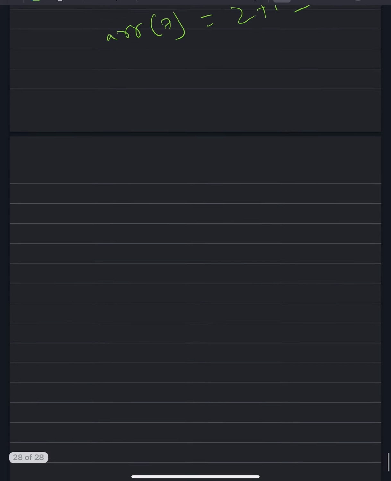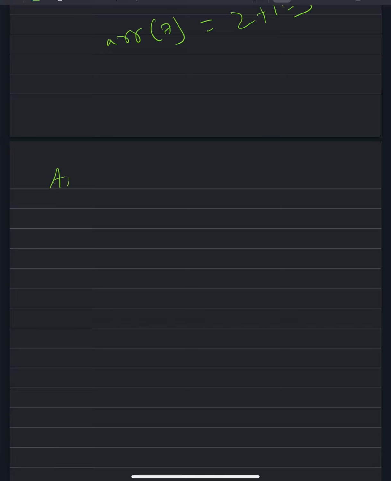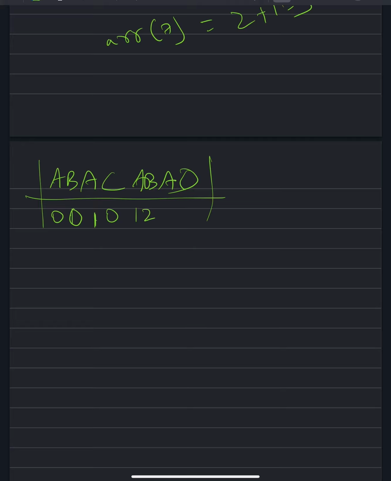Now let's have one more example. A, B, A, C, A, B, A, D. Okay, so let's see how this will go. 0, 0, not matching. Okay, 0, 0, 1, 1 prefix suffix possible, then 1, 2, 3, and it's D now.